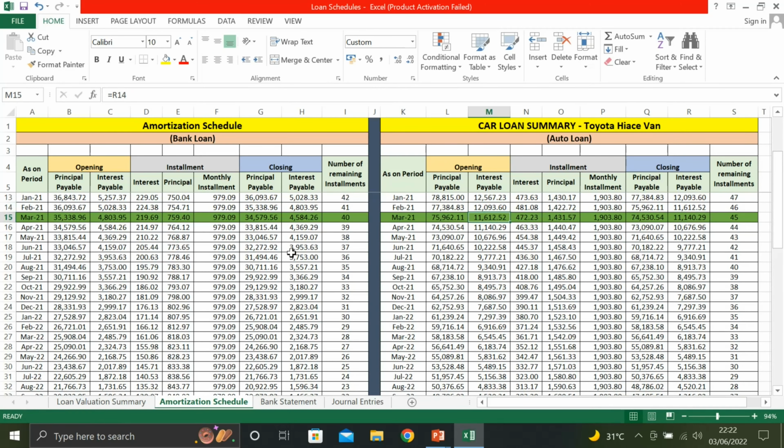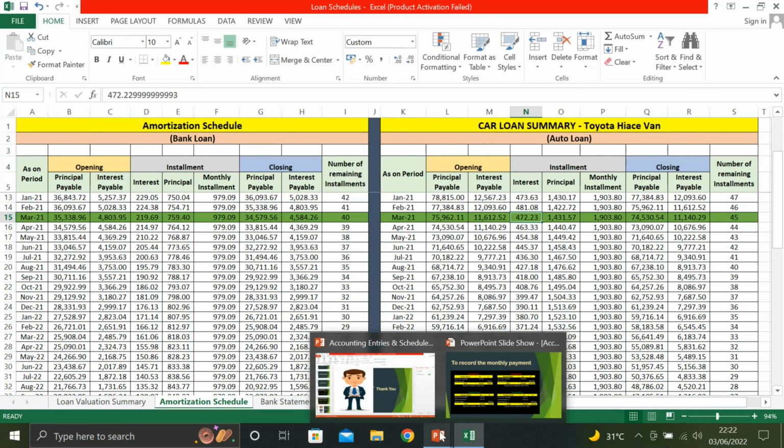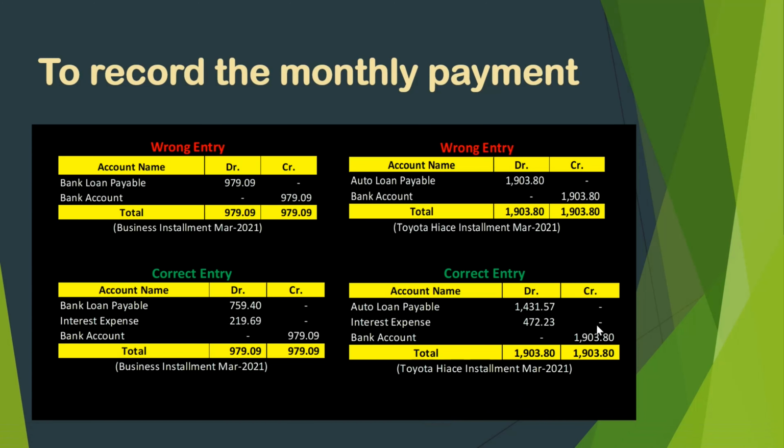See, in March 2021 we have this 472, this is the interest amount. So you can track this also from your amortization schedule. And then finally the bank account you will credit with the total amount of the installment.